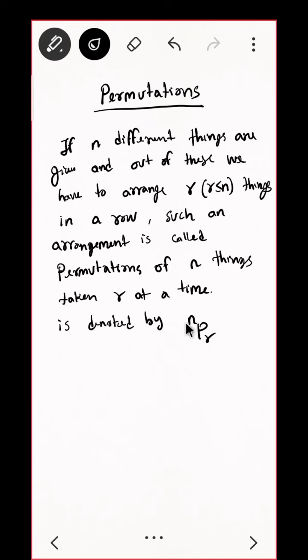This P is capital P. Or some people also write it as nPr in a different form. That is also acceptable. And you can also write it as P of n comma r.